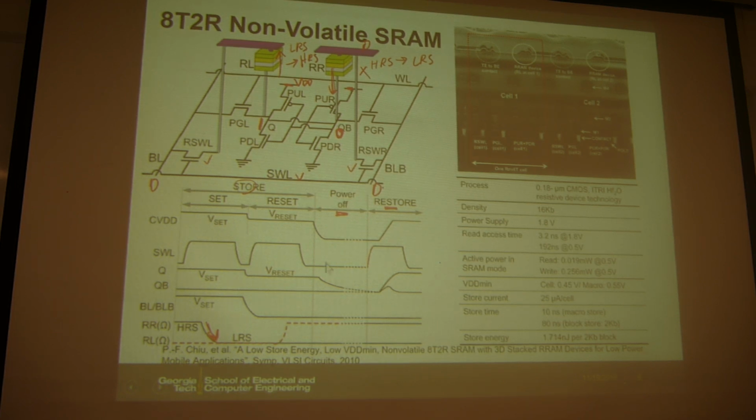You can write the data into the RRAM, and then you can save the read access time. I think this is for the conventional SRAM operation. So the store latency is like 10 nanoseconds. It didn't show the restore latency. It should be in the tens of nanoseconds as well, I think.